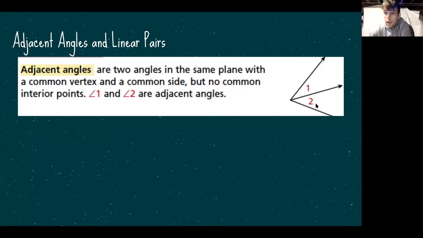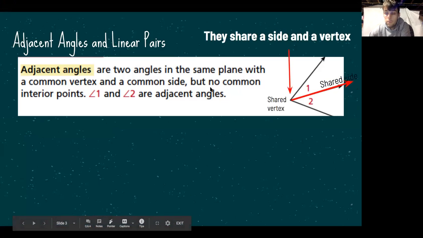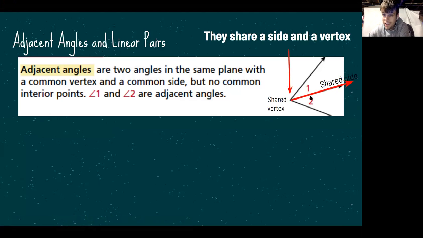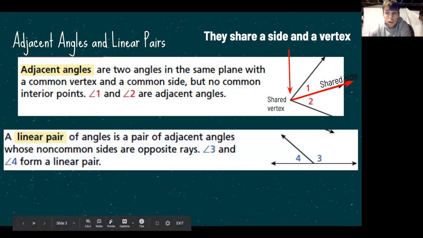So they have no common interior points. But if we kind of look here, they share a side. So they share the side in here, and they share a vertex. They're just next to each other. They're touching one another.